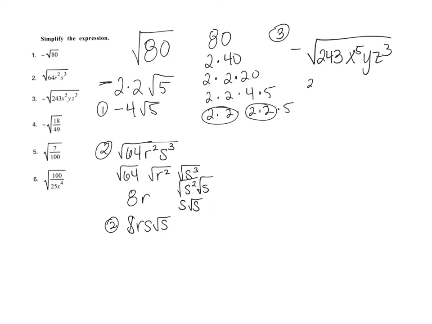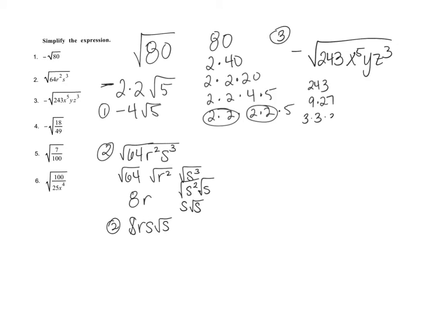So 243 is, let's see, 9 times 27. 9 is 3 times 3, 27 is 3 times 3 times 3. So we have 2 sets of 3's. So that's negative 9, 3 times 3 is 9.